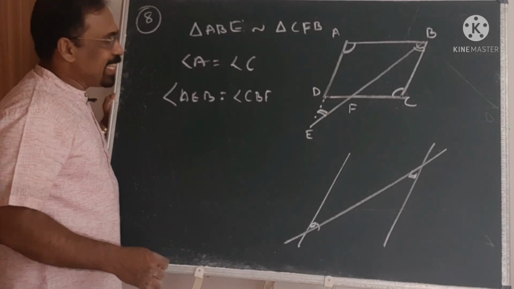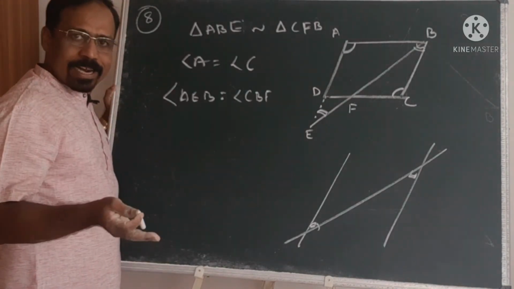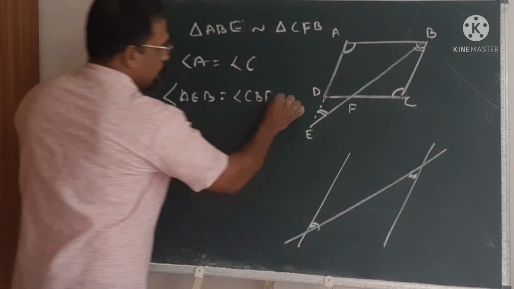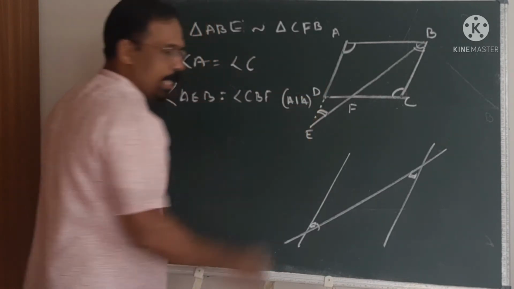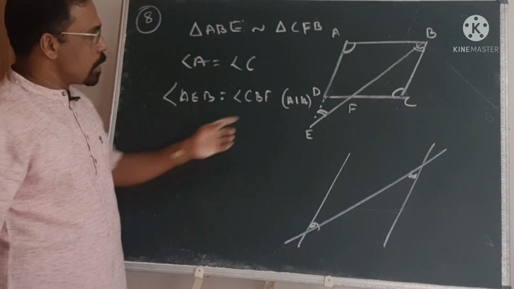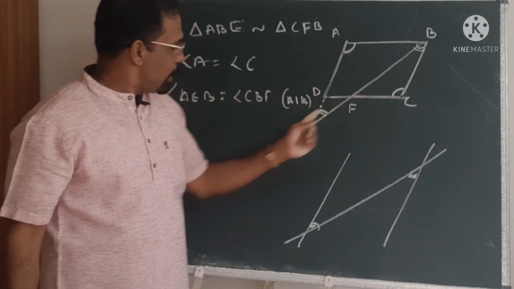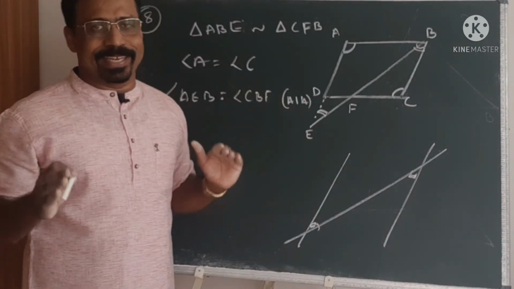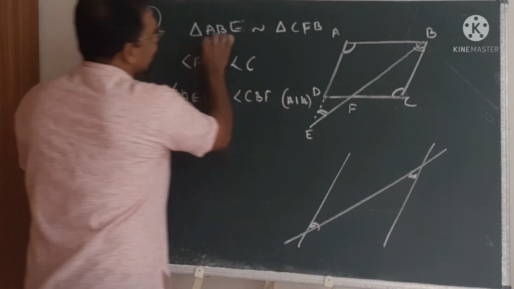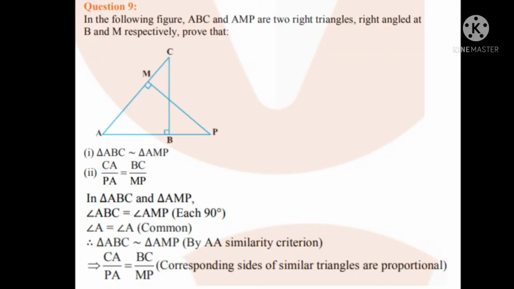The reason is alternate interior angles are equal. So we got two angles: this angle is equal to this angle and this angle is equal to this angle. Therefore, according to AA criteria, we can say that triangle ABE is similar to triangle CFB.